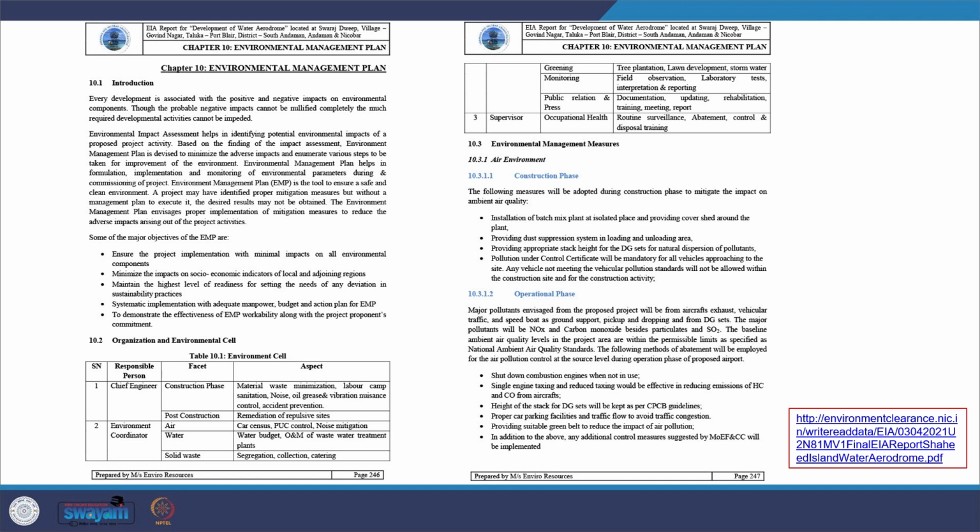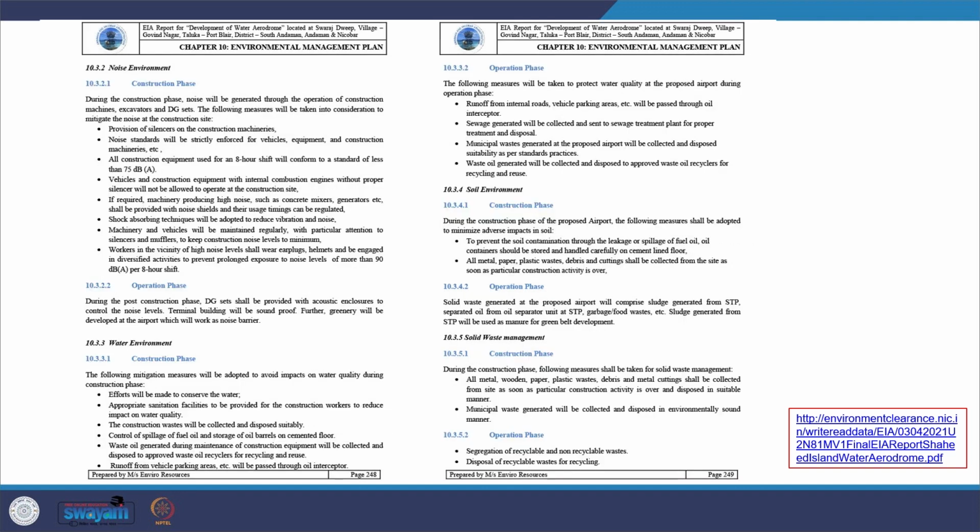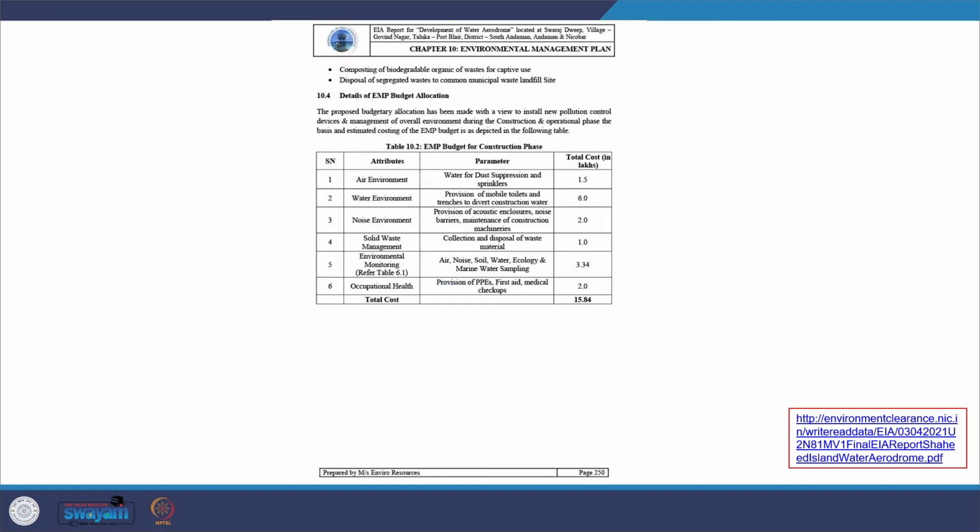And then how they will look after each component: air component at every phase, noise problem, water environment at every phase of the project, and how they will take care of solid waste and other things in every case. And then you also see how they are allocating budget for the environmental management plan.